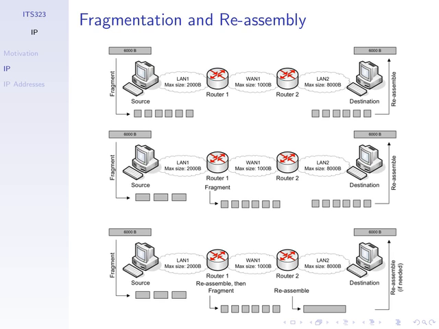We send 1,000. Here, 8,000. We only have 6,000 bytes of data, so the largest we can send is 6,000. This is the most efficient because it reduces the number of headers. The larger the frame or the larger the segment, the less the header contributes to overhead.